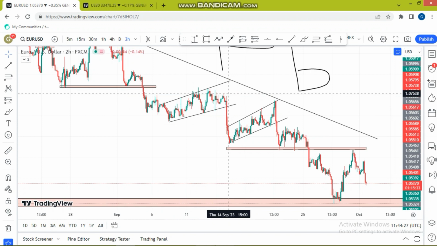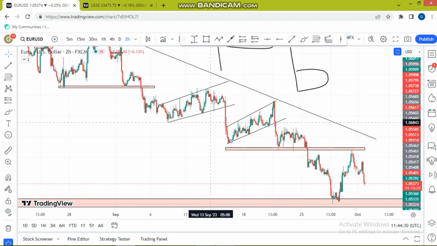This very strong breakout candle validates the breakout, and you could actually go to your lower time frame. As you can see, this is a 2-hour time frame. You can go to your lower time frame and catch this trend. So that is the first trend continuation.